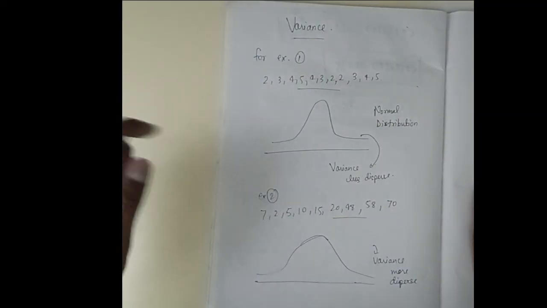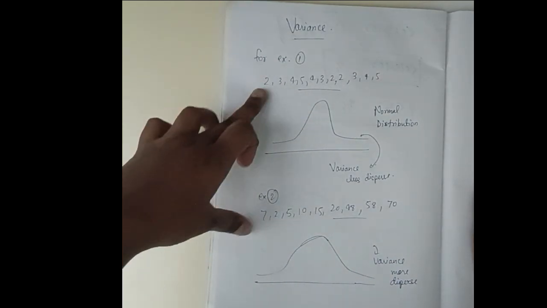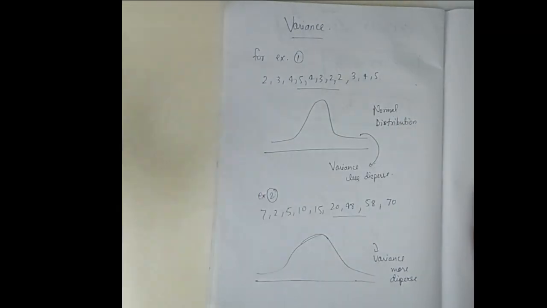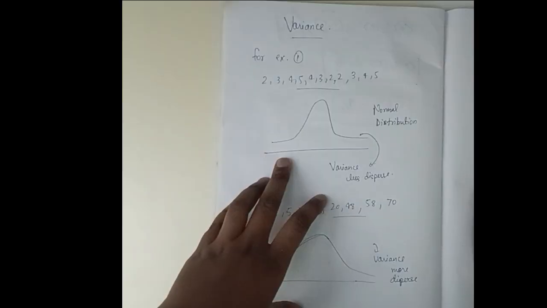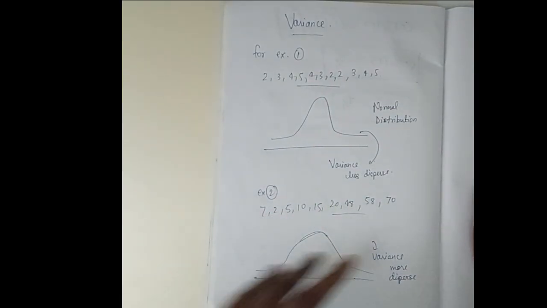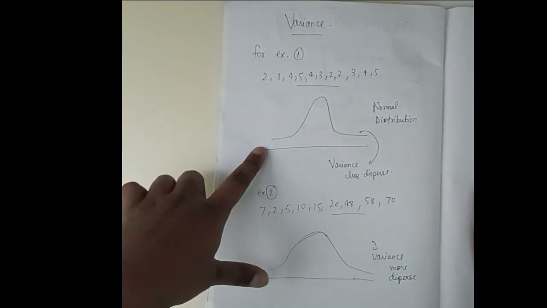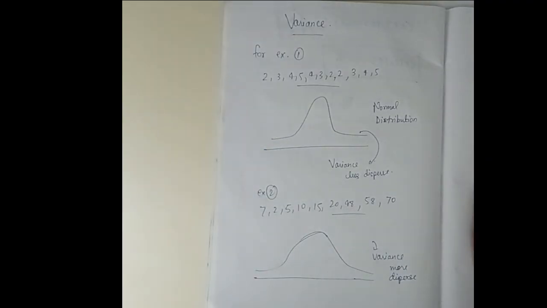Now, if we talk about variance, let's take two example datasets. In the first dataset, we take single-digit, very small numbers like 2, 3, 4, 5. For the second set, we take 7, 5, 2, 10, 11, 15, two-digit or very big numbers. We are going to use the normal distribution curve for the variance.